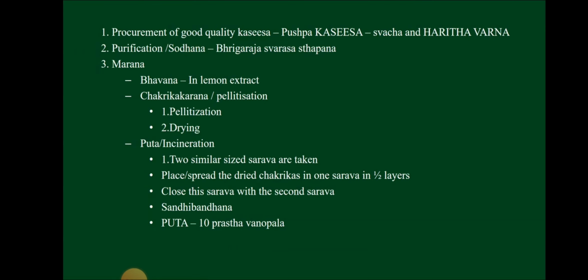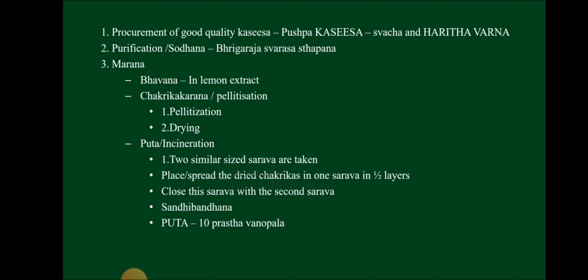Chakrika Karana is done, that is pelletization and drying. The Kasisa pellets are dried completely and then subjected to Puta. In the sloka itself, Dasha Prastavanobala is mentioned for the Puta. For doing Puta, you have to take 10 Prasta of Vanopala.